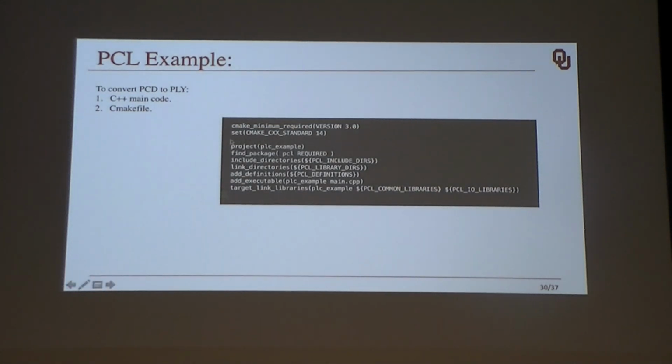First here we have the version of CMake, and we are using the C++14 standard. Here the name of the project, PCL example. We find package PCL, it's required, so if PCL is not installed in our system, it will fail. This will search for PCL in our system. Here we link the headers and libraries with the project, and finally we link it with main.cpp.